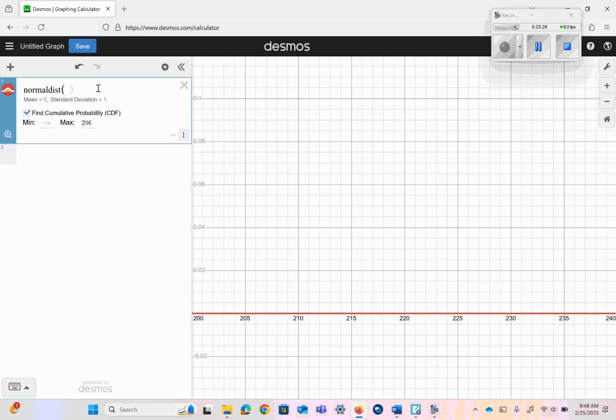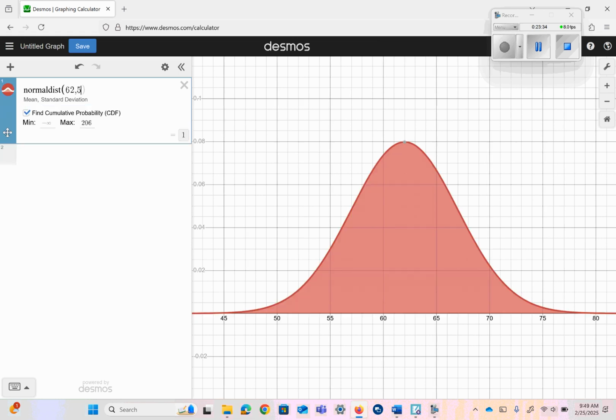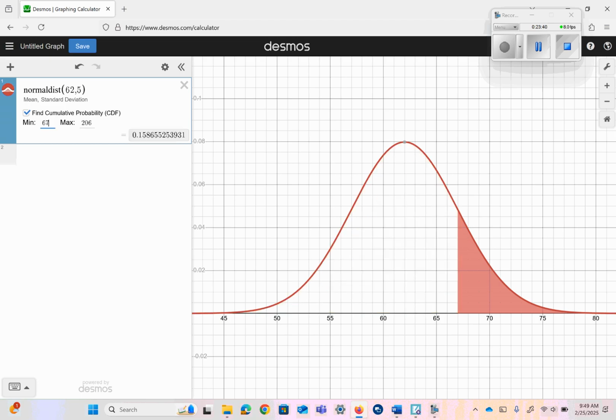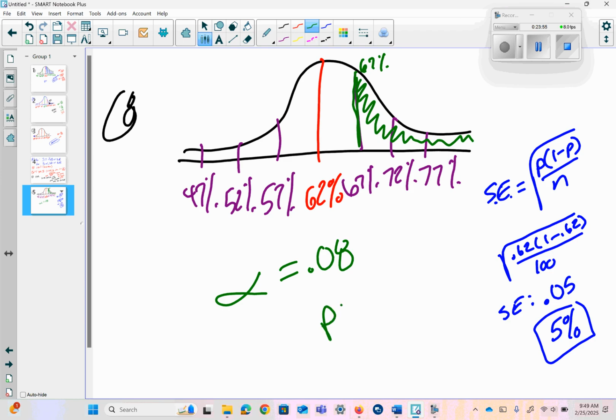So 62 is here, 5 is the standard error. Look at our thing, and then we want 67 or higher. All right, so it looks like about 0.16 is our p-value. So we got a p-value of 0.16.